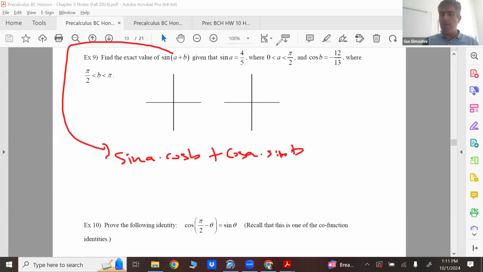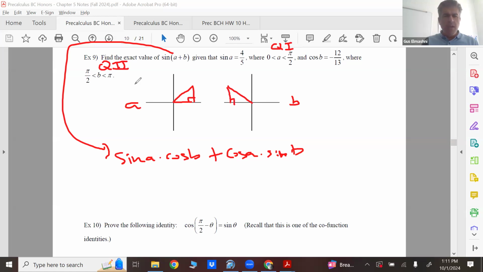The first triangle, or first angle A is what quadrant? Second one, Q2. So you're going to draw this for A and this for B.